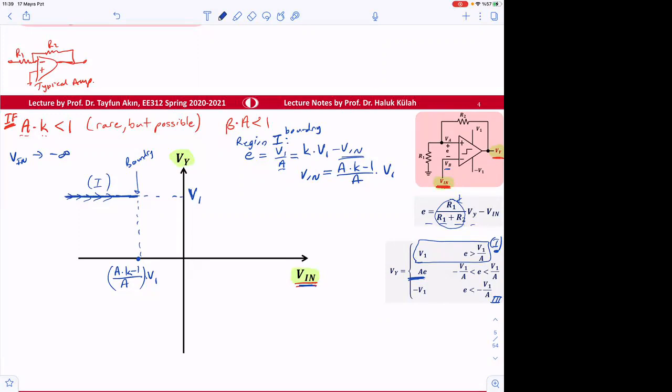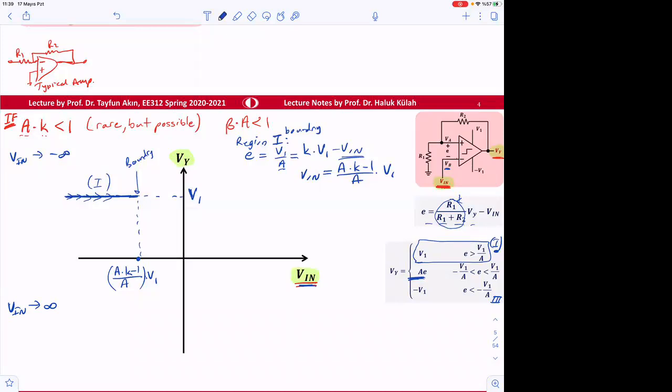For region 3, the output is when Vin goes to plus infinity. So if Vin is plus infinity, then this signal is going to be negative, because the negative side is plus infinity.